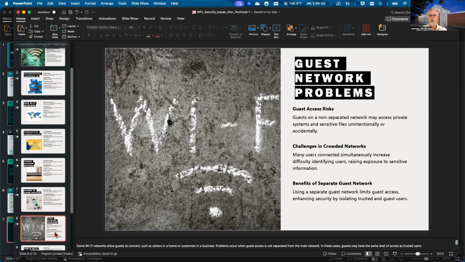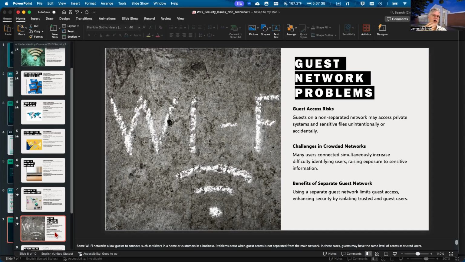Those devices then will separate those networks. So the people that are on the guest network are not on your regular network. Your TV is on your regular network, they're on a guest network, and they can't access the TV. That's the reason they have guest networks.